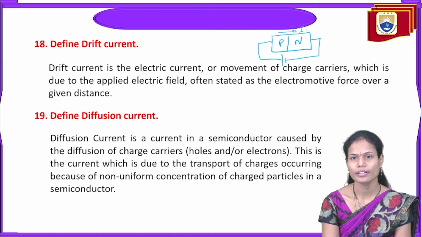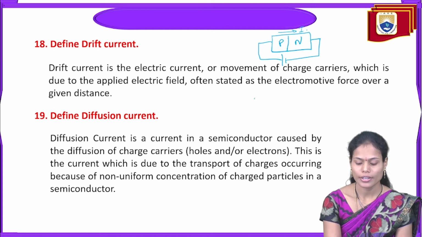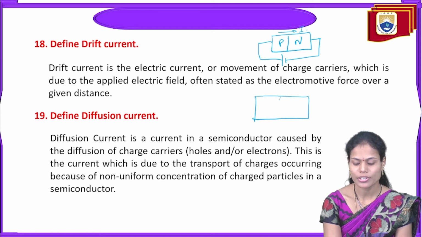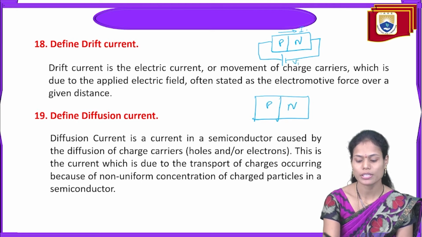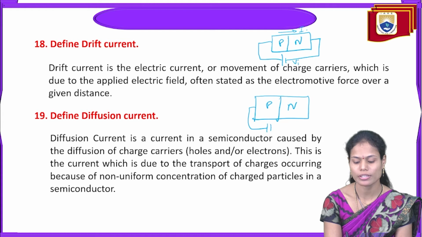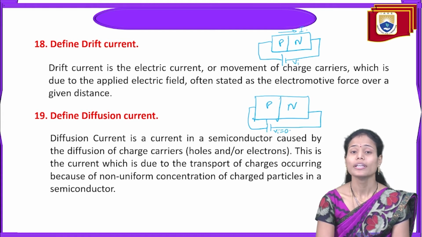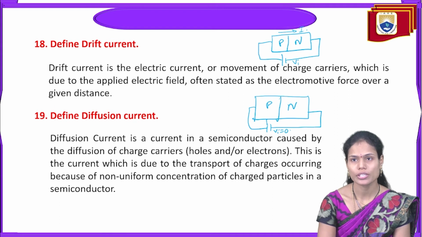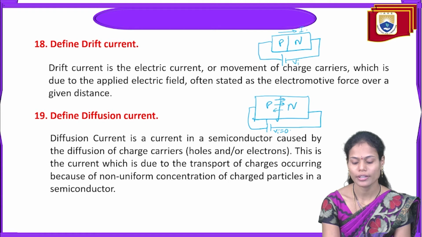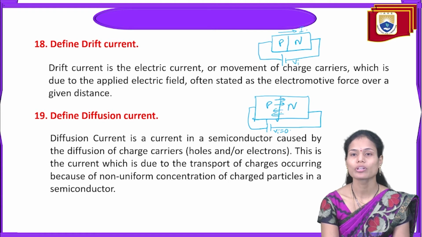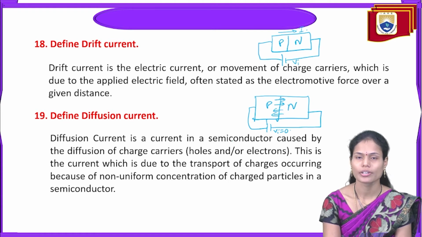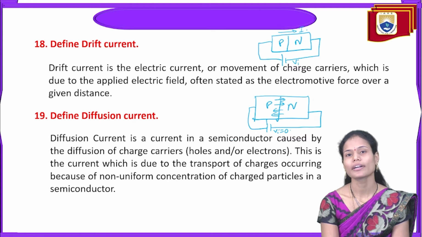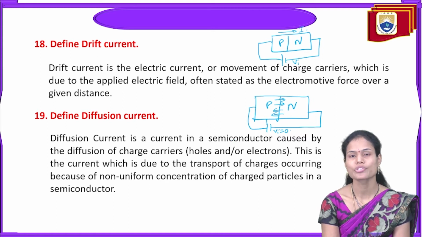And next, define diffusion current. Diffusion current occurs in the device without application of any voltage. In the previous case we apply some input voltage, but here I am not applying any voltage, VI is equal to 0. Even though the input voltage is 0, because of the movement of charge carriers from P to N and N to P, some amount of current is generated in the device. That current is called the diffusion current.